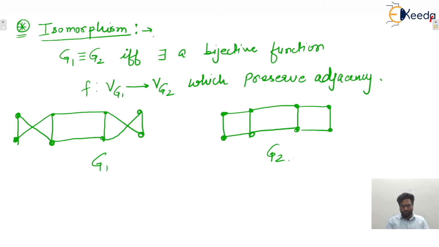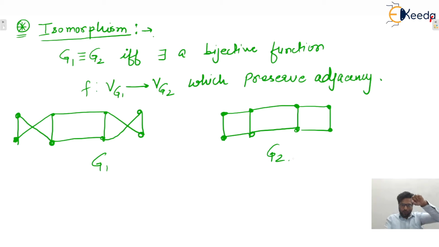Here you can see in G1, in the two extreme parts, that is extreme left and extreme right, if we pick this one and just rotate it, and similarly in the right part also, if we rotate this one, then exactly G2 will be obtained.